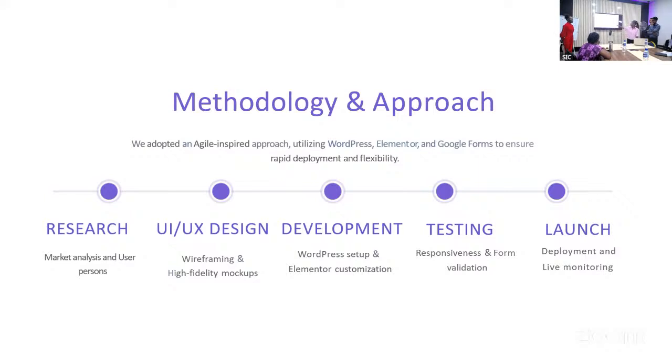These are the key stages we went through in designing the events platform. We researched what people usually want. We used UI/UX design, as I said before. Development was in WordPress, with Elementor customization. Elementor is a very good plugin for designing websites. Then there's testing and launch.